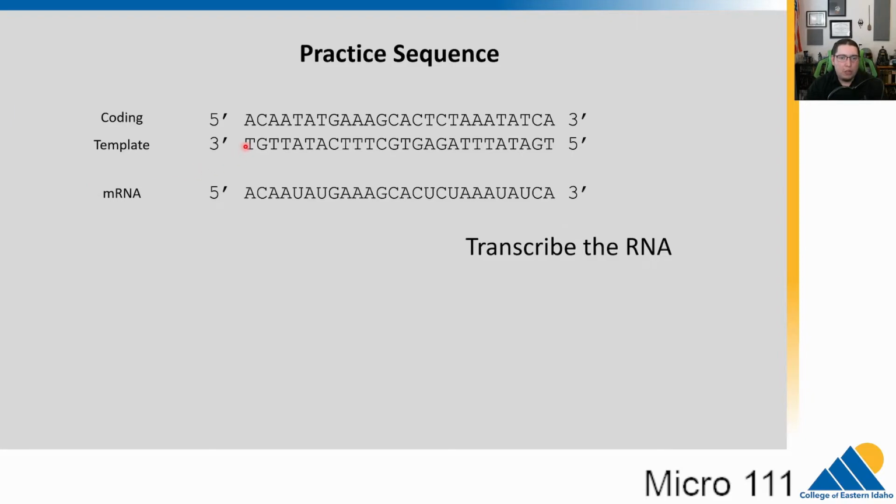The first thing it would do would be to add an A, because T pairs with A, then a C, A, and here's the tricky one, U, because mRNA has U, A, U, G, so on and so forth down the line. So that's all there is to transcribing DNA into RNA.